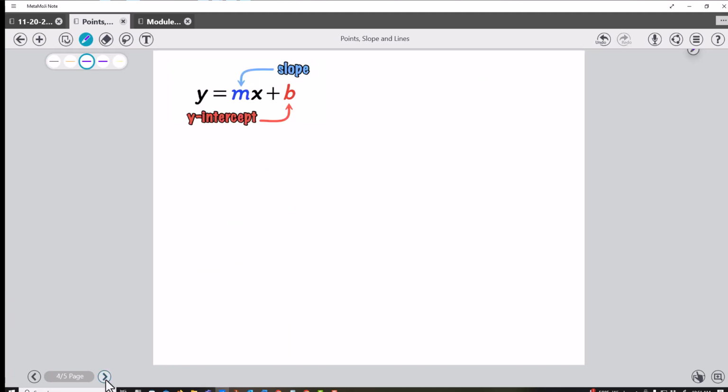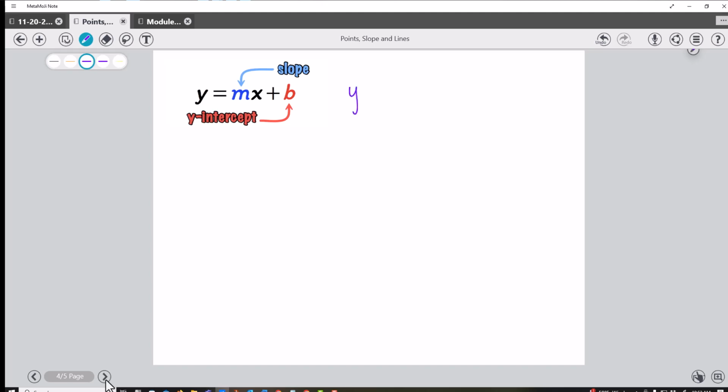All right, so as I mentioned, we like to find the slope because that tells us the direction of our data. If something is increasing or decreasing. And if you put your equation in this format, this is called slope-intercept format. And what I mean by this format is you just solve for y.